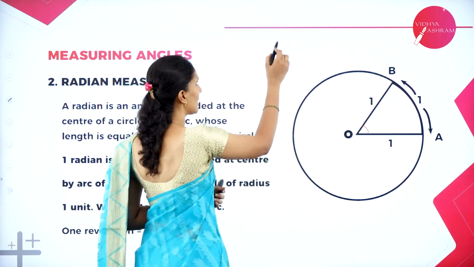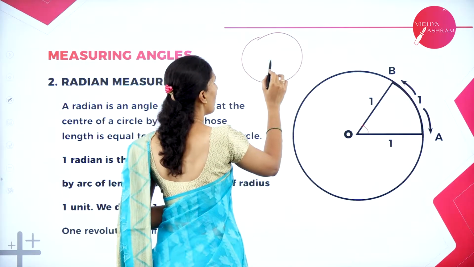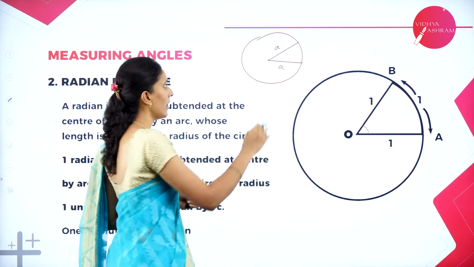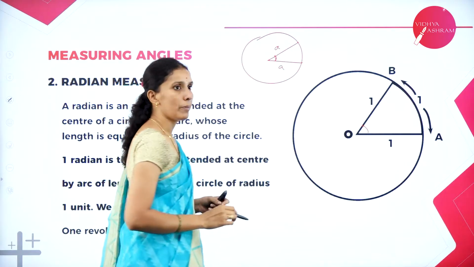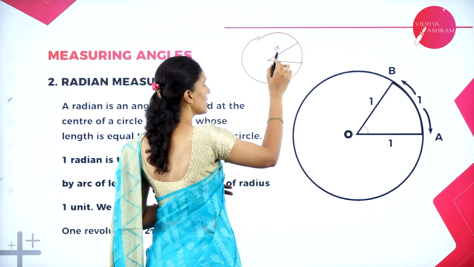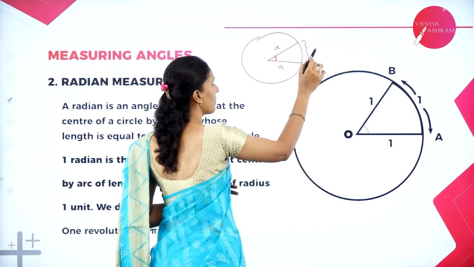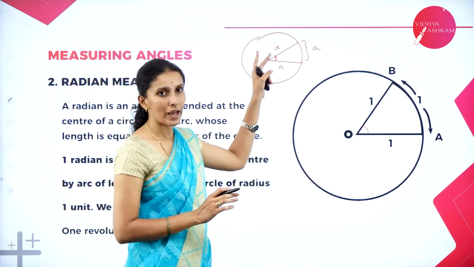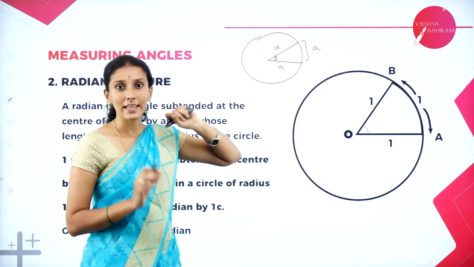If you have a circle and a sector formed between two radii, then the radian measurement of an angle is obtained whenever you have the same radius and the same arc length.